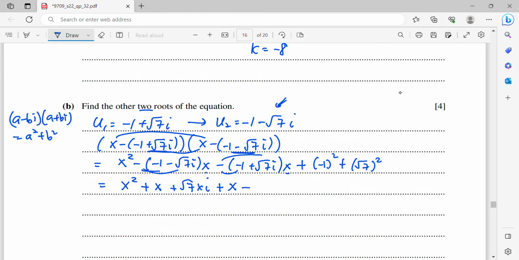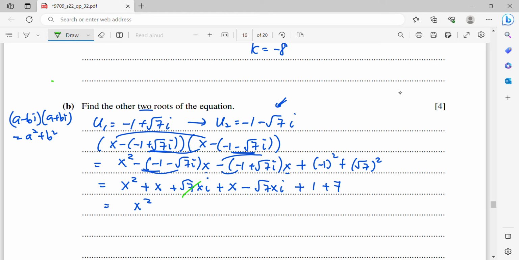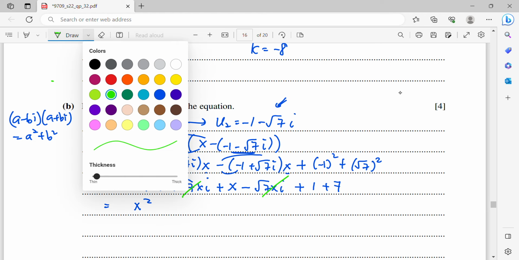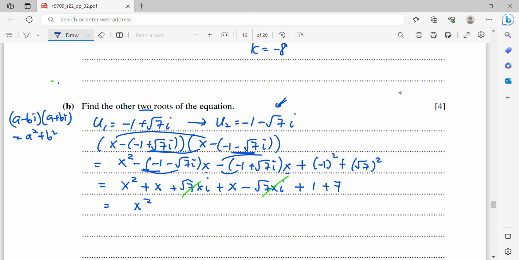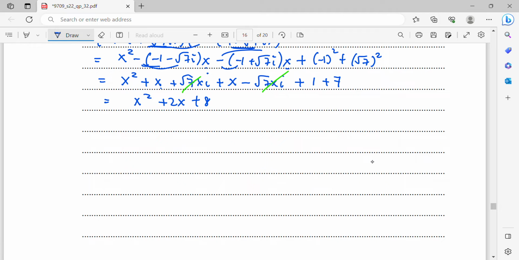Then this is minus square root 7 xi plus 1 plus 7. So now I will get x squared. Okay, the i will be cancelled. Then it's just a quadratic factor. So here x plus x, 2x. Then plus 1 plus 7, plus 8. So now once you get the quadratic factor, we can just perform the long division.